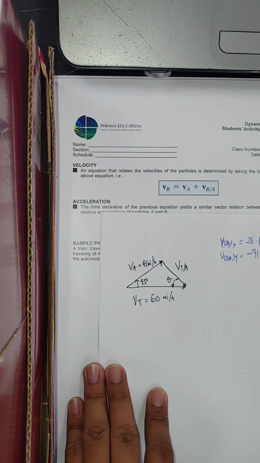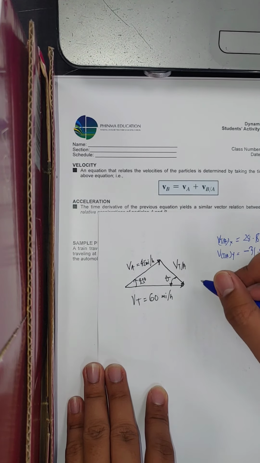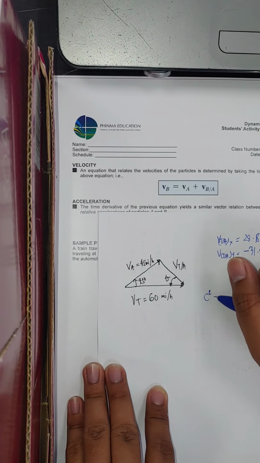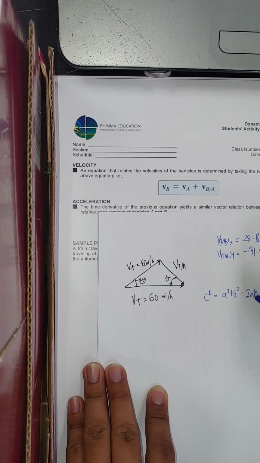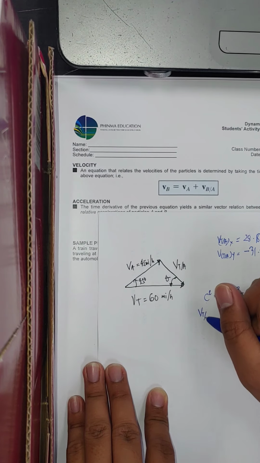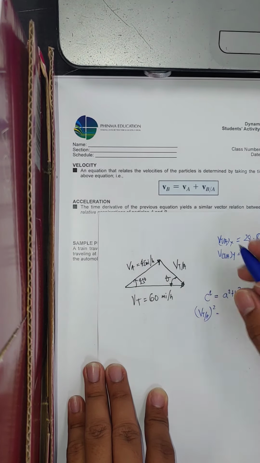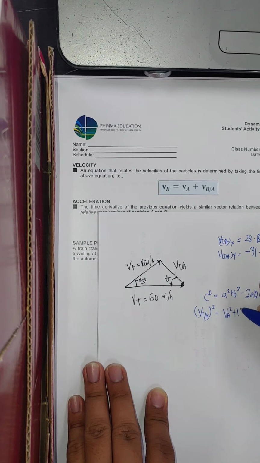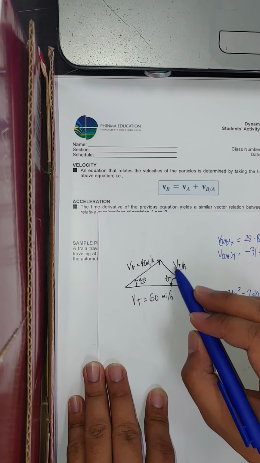So by cosine law, we have the rule that let's say c squared is equal to a squared plus b squared minus 2ab cosine of angle C. So the C squared here is the unknown, this one. So that is VT of A squared is equal to VA squared plus VT squared minus 2 VT times VA cosine of the angle opposite to it, which is 45.